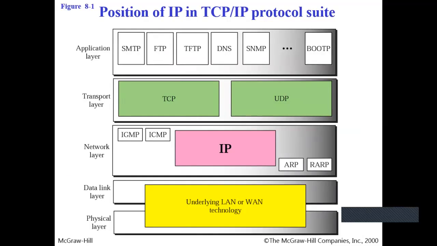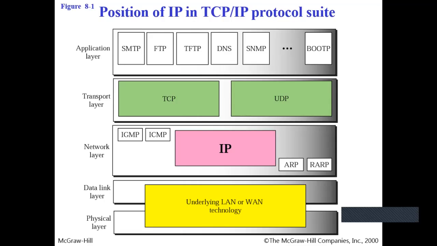First, we have to see the protocol suite of the TCP/IP model. As we know, the TCP/IP protocol suite has 5 layers: physical, data link, network, transport, and application layer. This is the diagram which shows the related protocols to the specific layer.